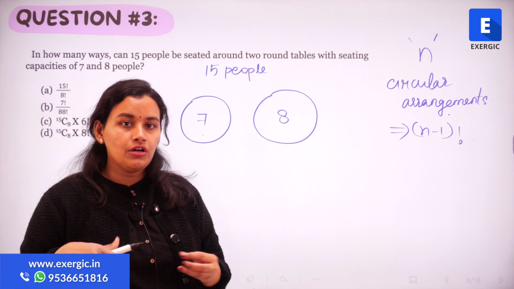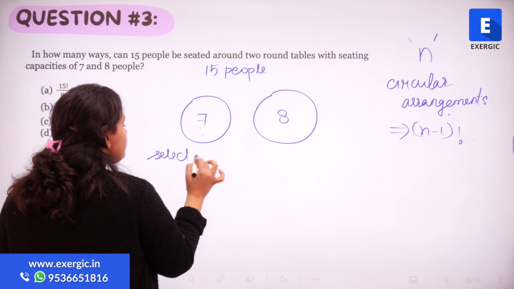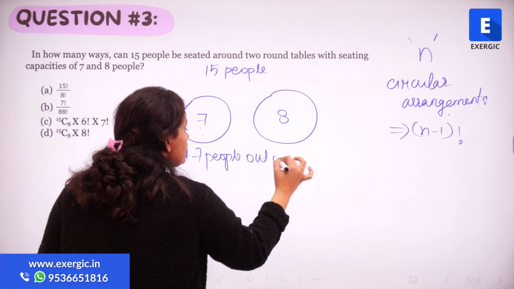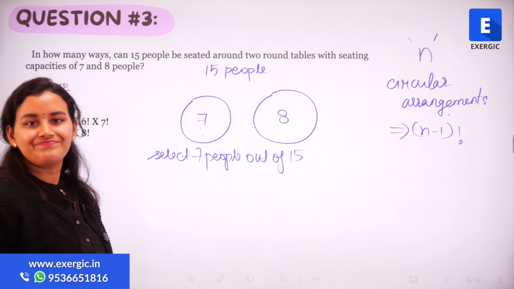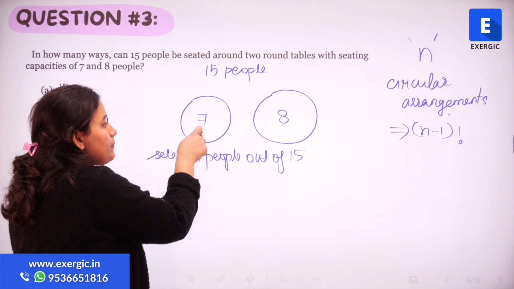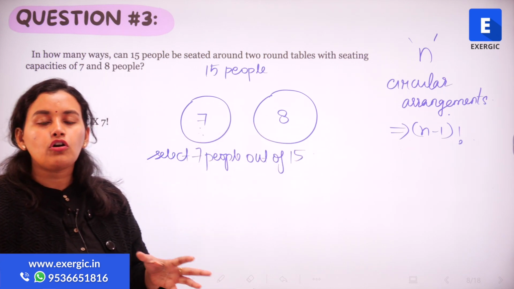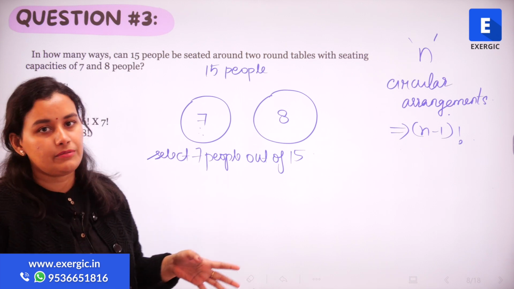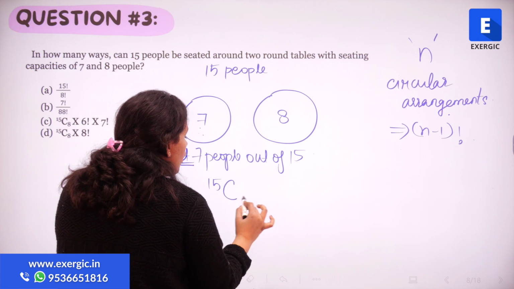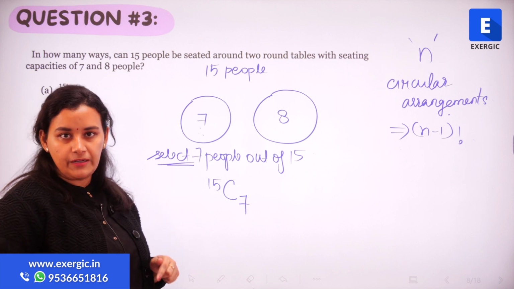We are going to select 7 people out of the 15 available. So that's the first thing we do, selection. Selection is combination. So 15 C 7, I am selecting 7 out of 15.